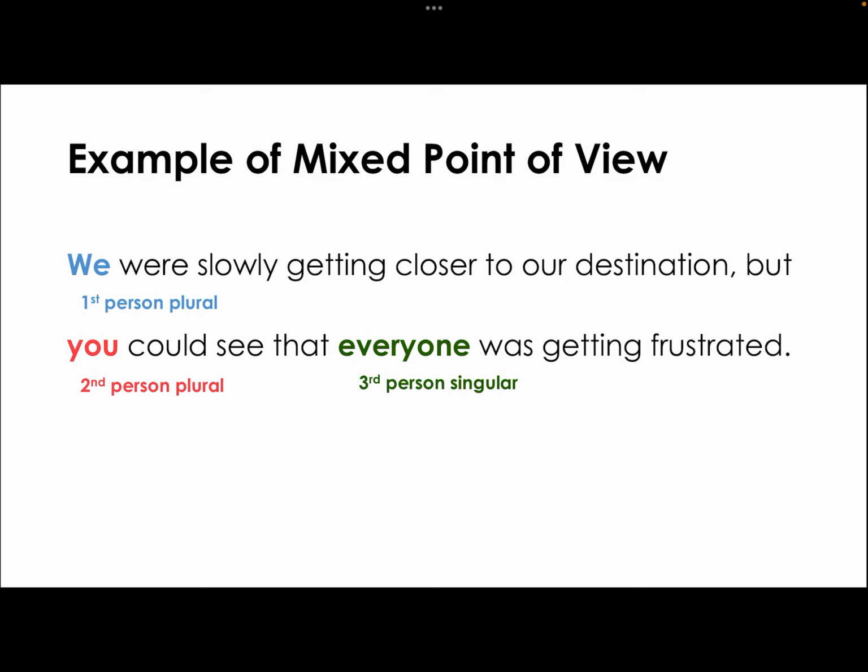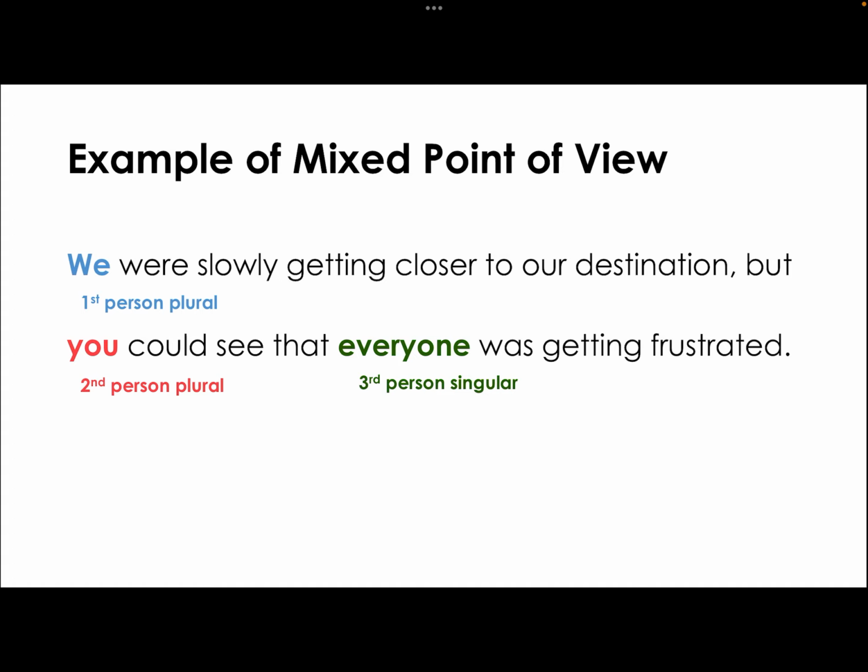So to fix the problem, we have to see the nature of the problem first. So here we can see three different pronouns. First one is we. We is first person plural. And then we can see you. You is second person plural, or it could be singular, but let's say plural here.